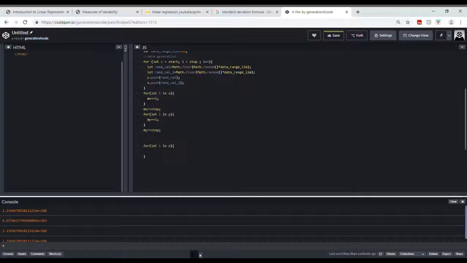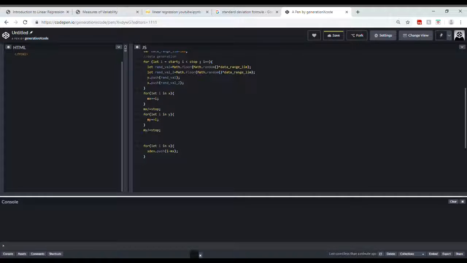All we have to do is xdev dot push. What did you have to push? Yeah, I minus mx. See, that makes sense. That actually does make sense. And do the same thing for ydev now. Ydev.